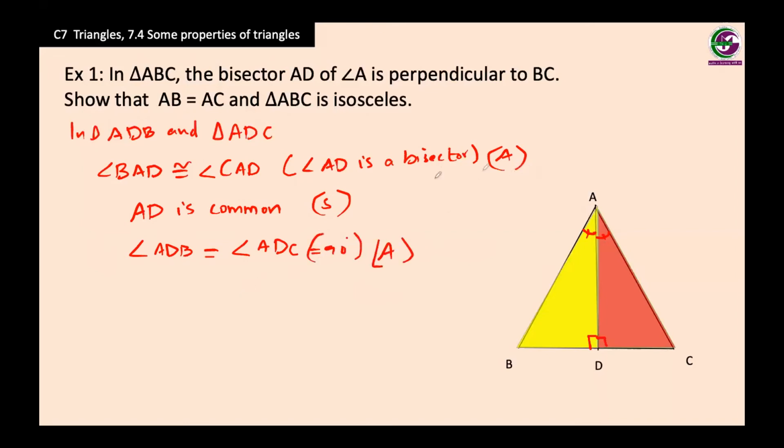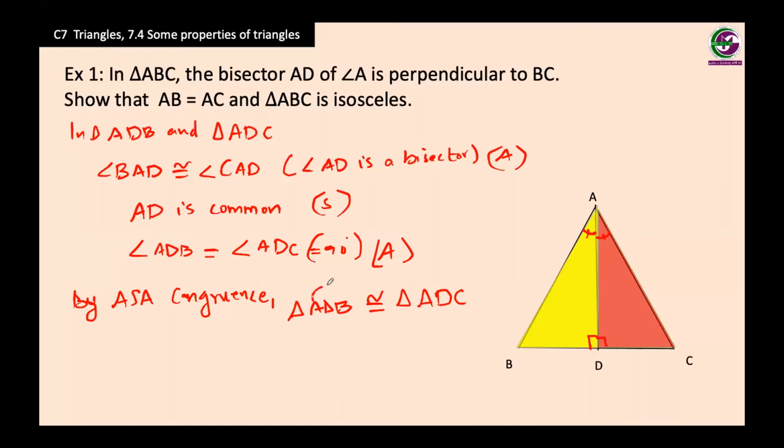So by ASA congruence, triangle ADB is congruent to triangle ADC. Now the question is to prove AB is equal to AC.